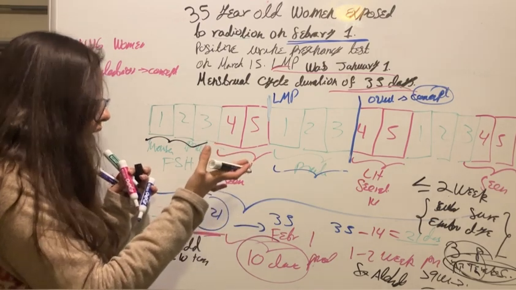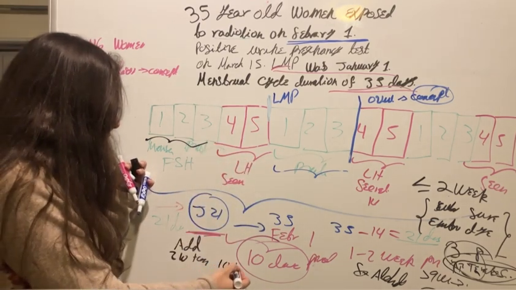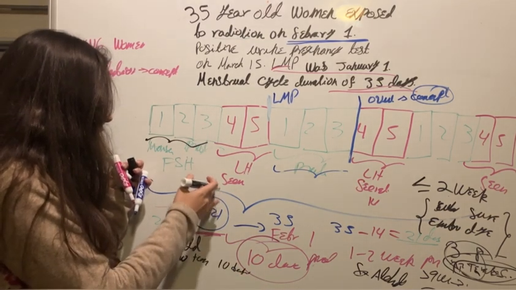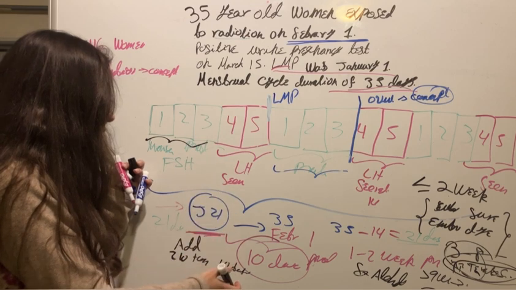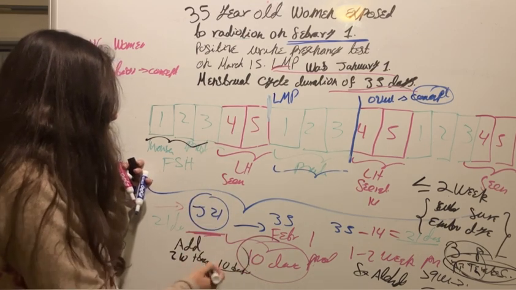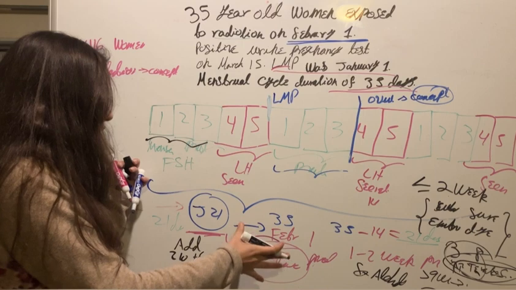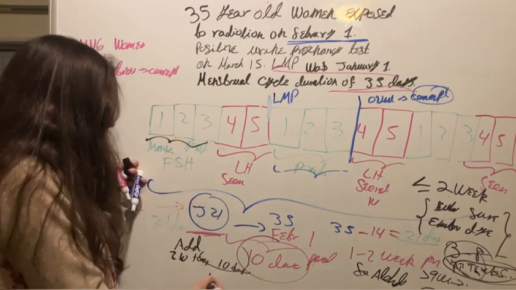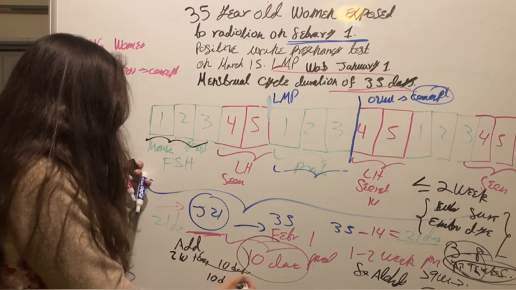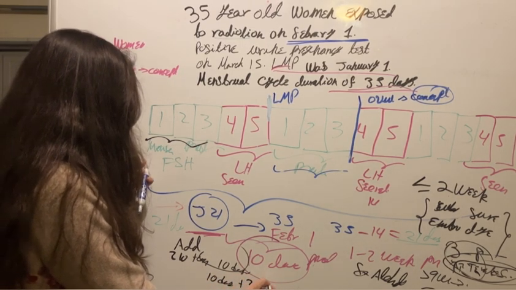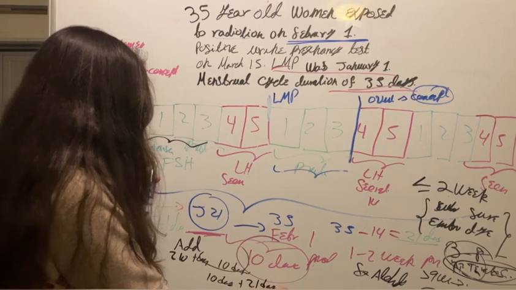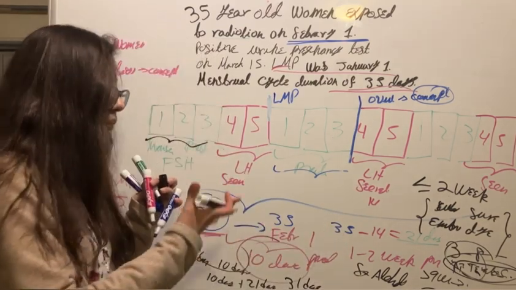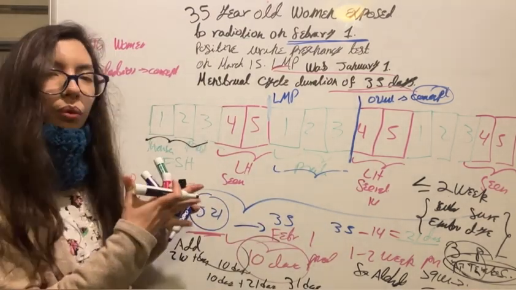So she is 10 days pregnant based on conception date, but if we measure in gestational weeks from menstrual period, it will be 10 days plus 21 days, which would be 31 days, which is like a month pregnant, which is like 4 weeks.